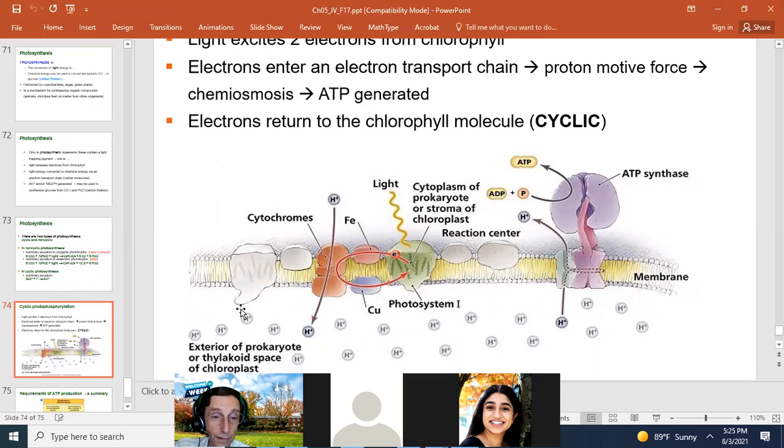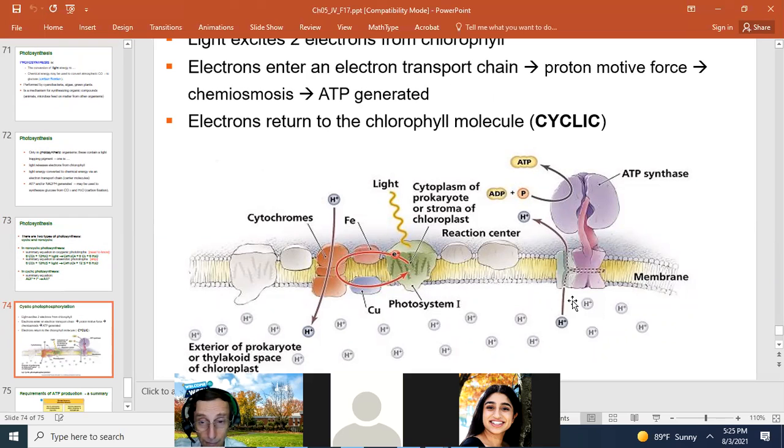Now the hydrogen gradient is a twofold energy gradient. There's more plus charges here, there's more hydrogen here. We're going to want to move from this side of the membrane to that side of the membrane. And they can only do that through an ATP synthase protein channel.